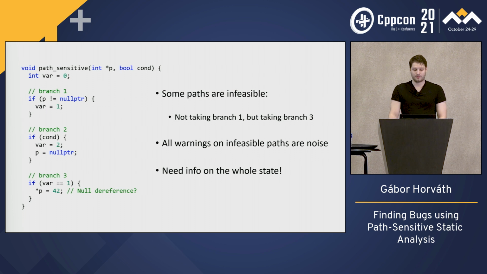And in order to figure out what paths are invisible, we need to reason about the whole of the program state, not only about pointers, but all the other variables. So these are some of the shortcomings of flow-sensitive analysis. It is hard to deal with this invisible path problem.